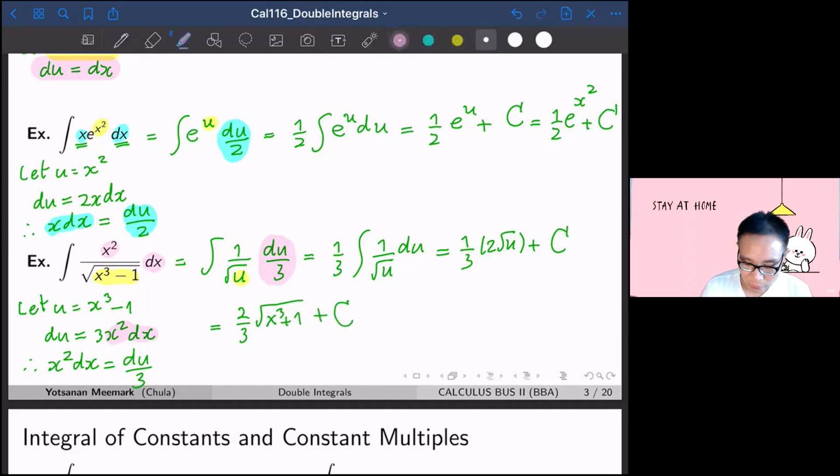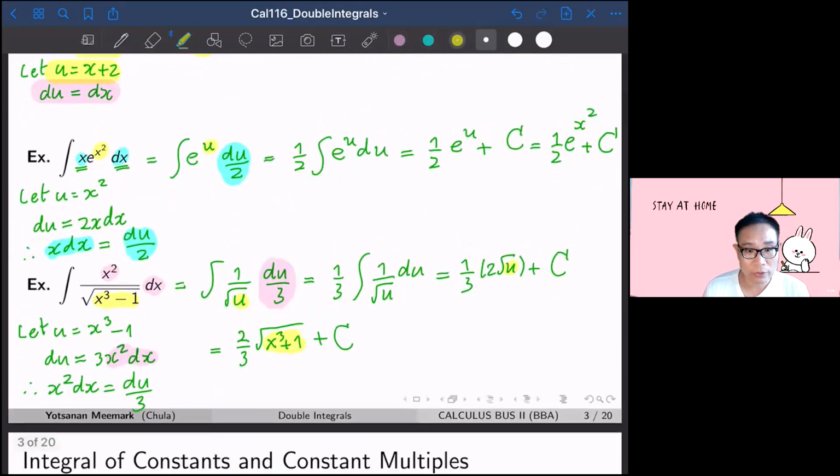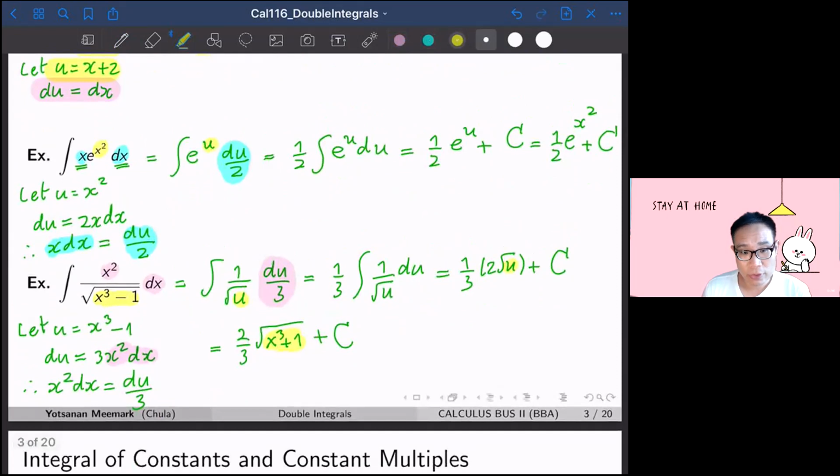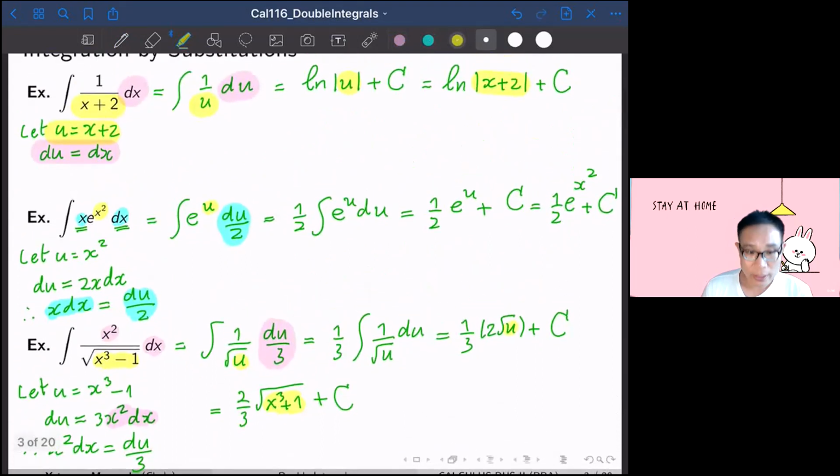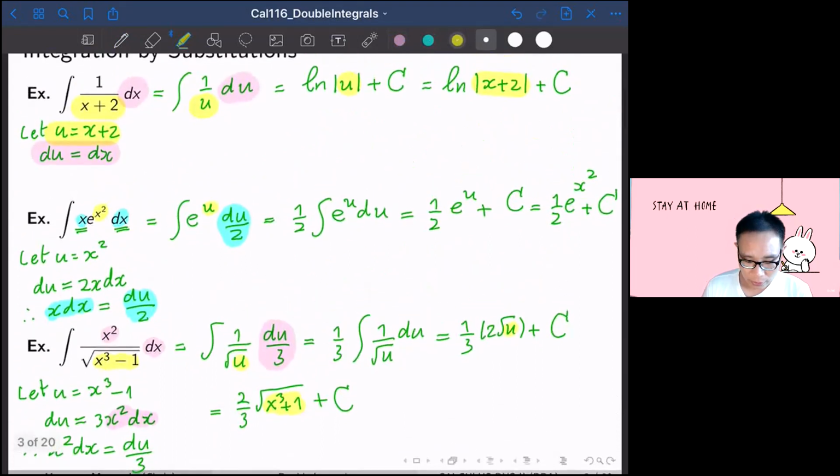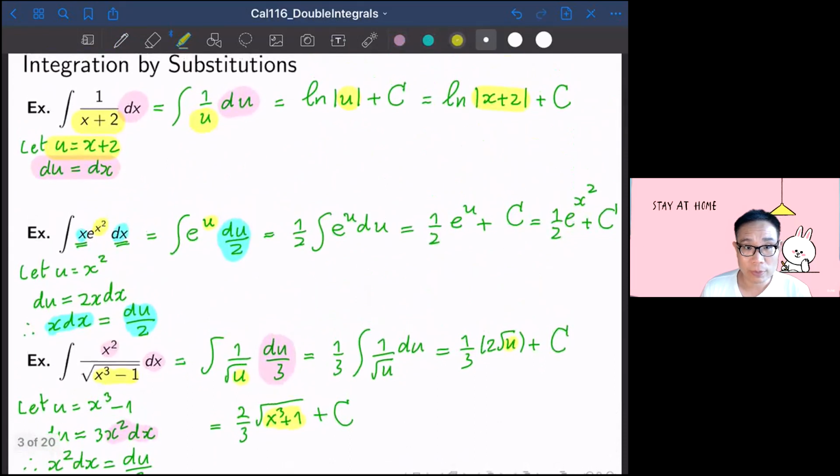Okay, and this is the final answer. So the final answer turned out to be 2/3 times the square root of x cubed minus 1, plus c. So this is how we find the integral by using the technique called integration by substitution.